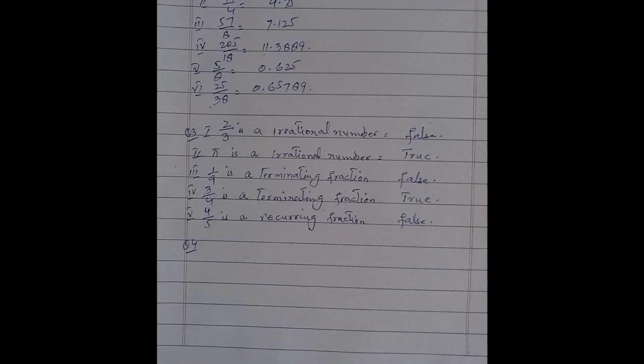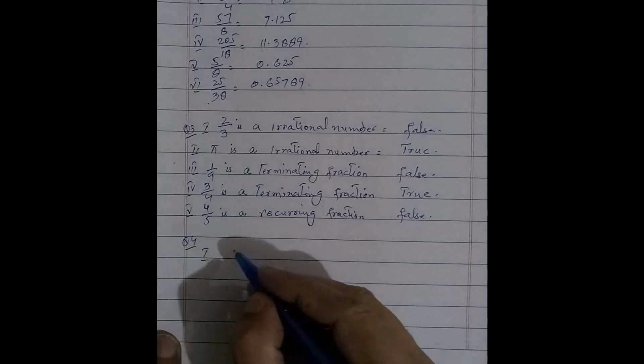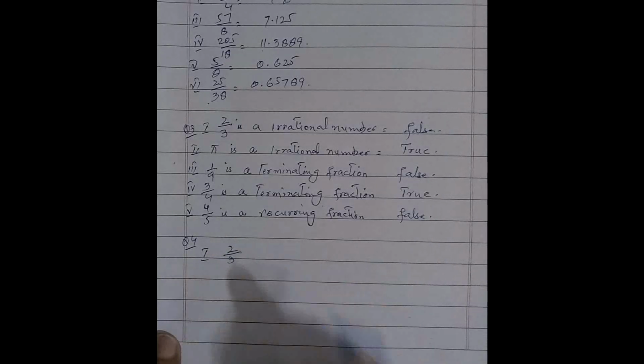Represent the following numbers on a number line. The given values, we represent on a number line. The first part is 2 over 3. First we draw the line and then show the point 2 over 3 on the number line.